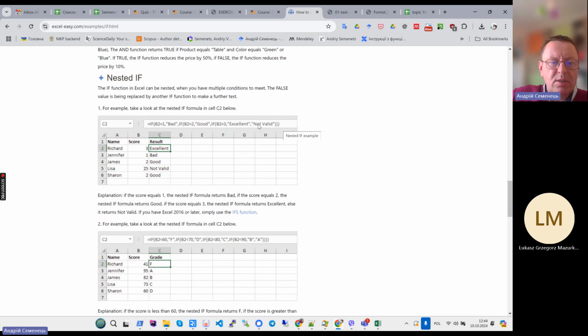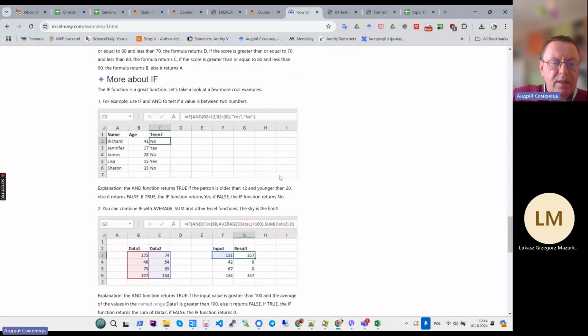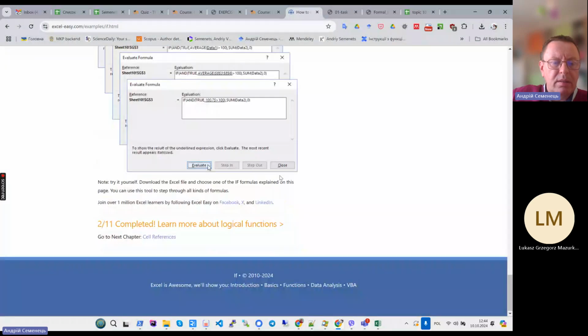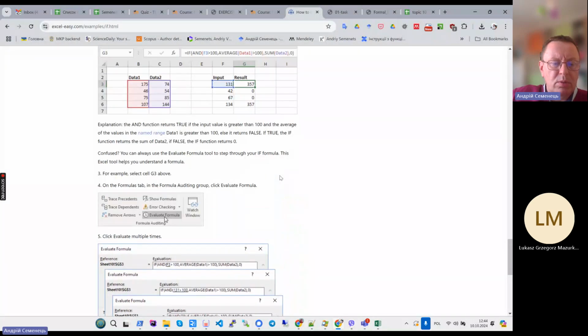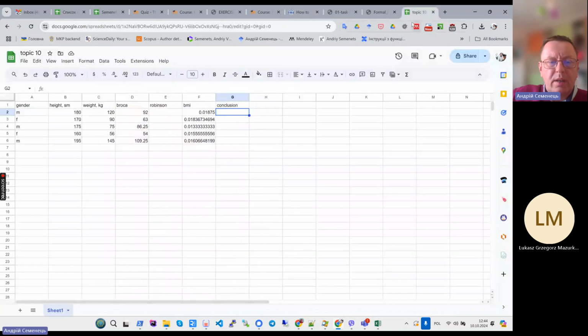We need three conditions, as you can see. We have to compare our particular value, and then we print some statement. Is the text of this available here? No, not available. So we have to type it.